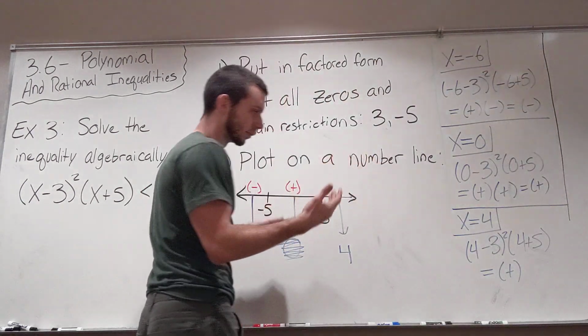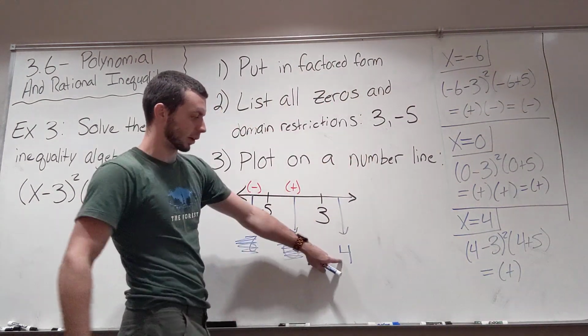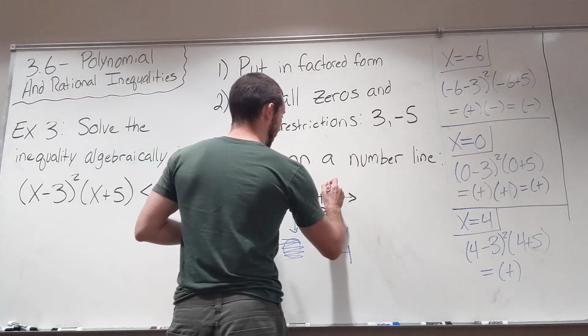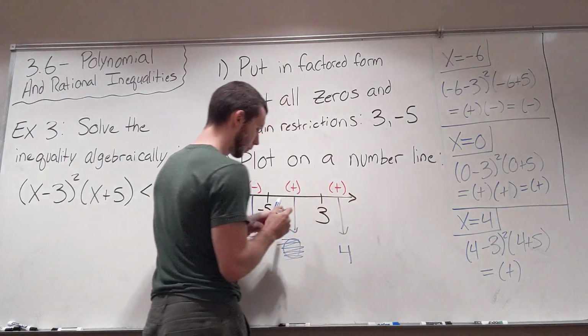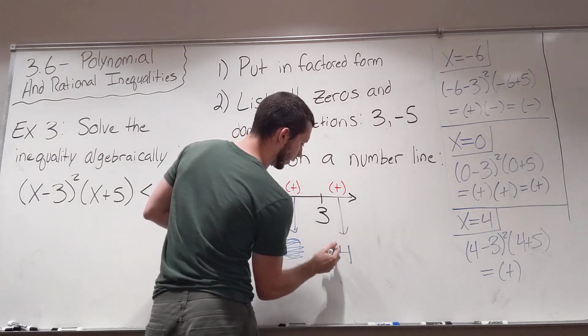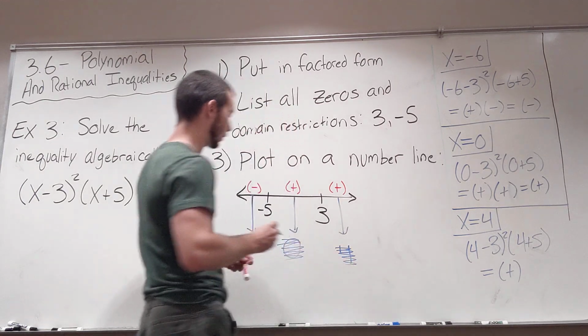All of this is alluding towards is that when we plug in 4 for x, we get a positive output for y, and that means we can scratch out our test point of 4.